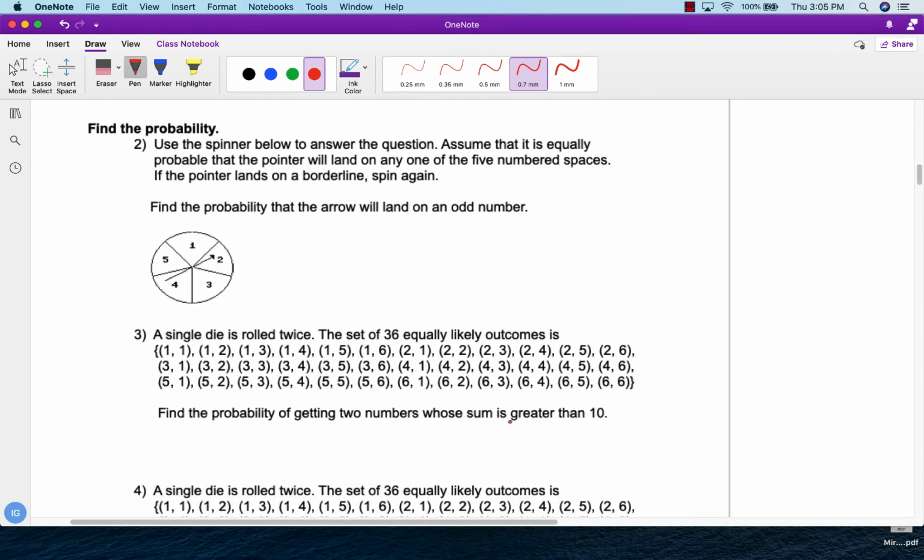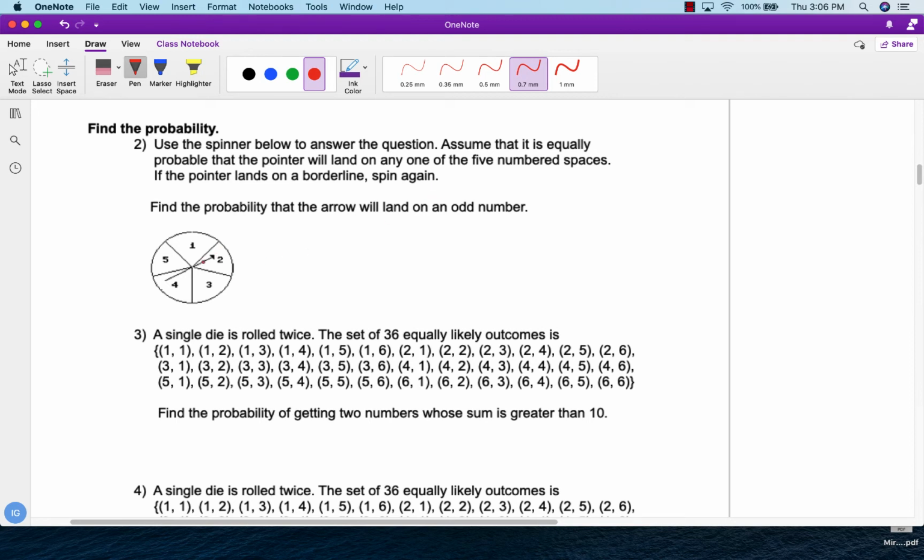Okay, so let's find the probability. Use the spinner below to answer the question. It says assume that it is equally probable that the pointer will land on any one of the 5 number spaces. If the pointer lands on the borderline, spin again.